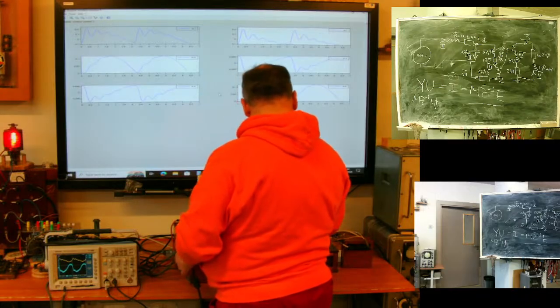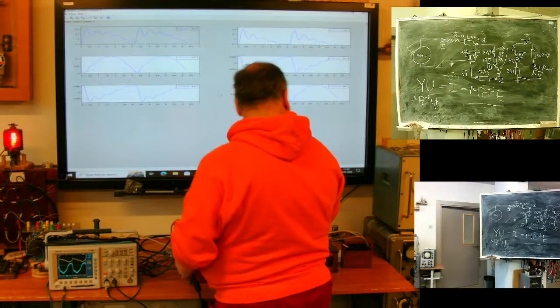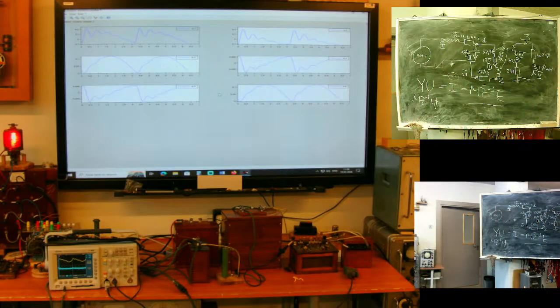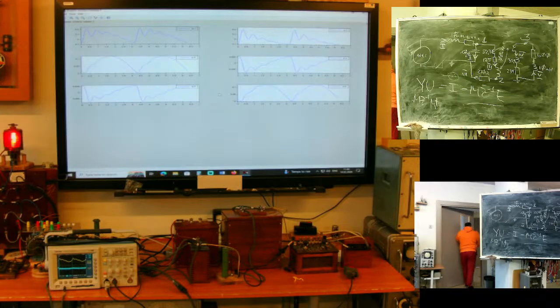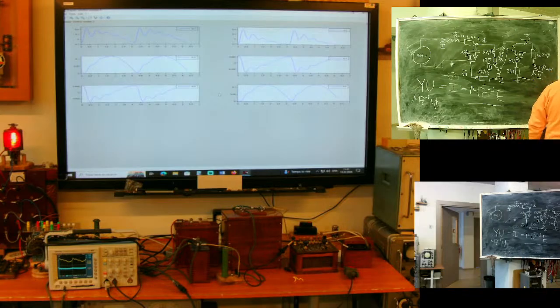Sensor. Signal too small for the sensor. Wait. Maybe branch 6.